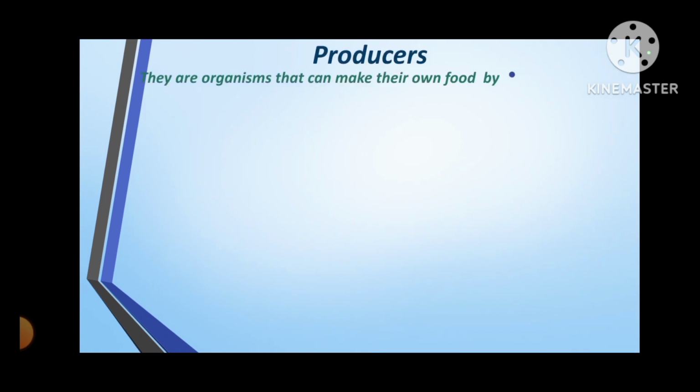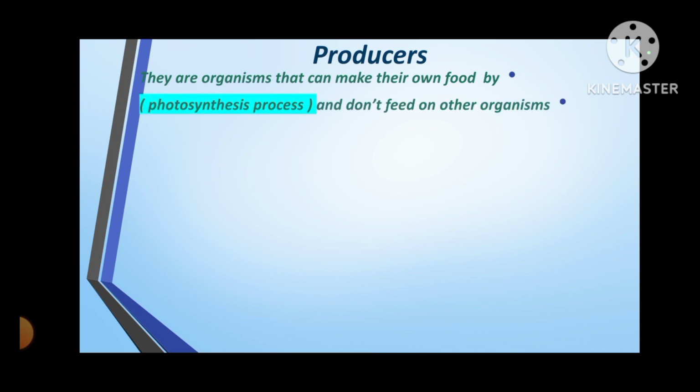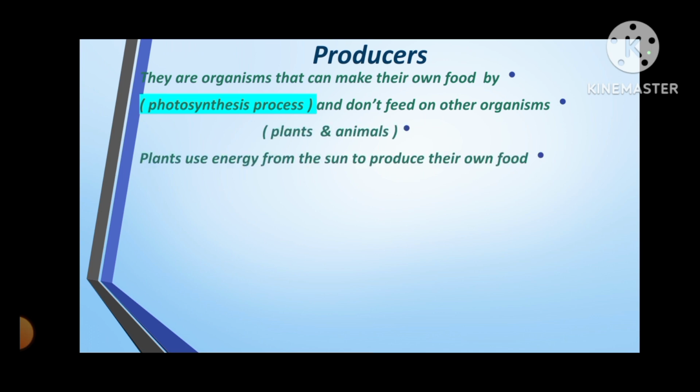Producers are organisms that can make their own food by the photosynthesis process, like plants. They don't feed on another organism and don't depend on any other organism, plants or animals. So producers depend on themselves and can make their own food by photosynthesis.